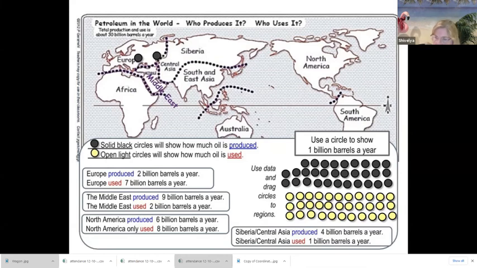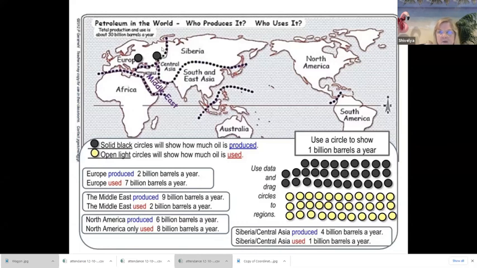We put little stickers on those Unifix cubes, and he worked with a partner, who read the data to him. And then he had to build and stack up how many barrels of oil were being produced in Europe.